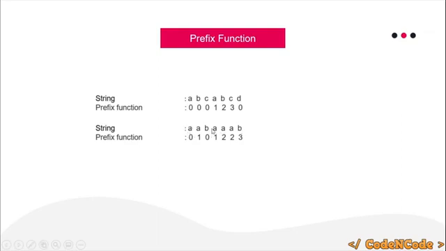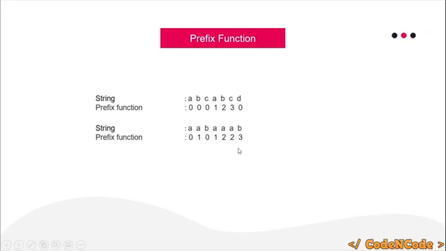There are 7 characters, so indices are from 0 to 6. If you want to calculate pi of 6, you would start with the 6 character prefix, which would be AABAAA, and check whether this 6 character prefix is equal to the 6 character suffix or not. We see the 6 character suffix is ABAAAB, which is not equal to the 6 character prefix. So 6 is not the answer.